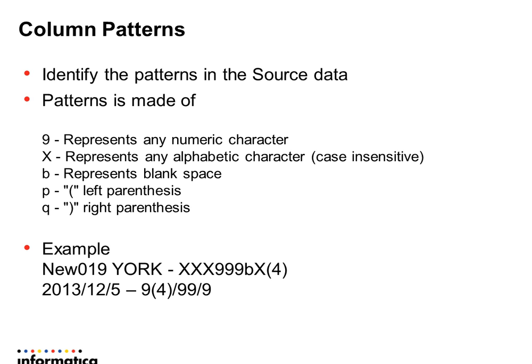When a similar type of character repeats more than 3 times, it is represented by the respective pattern character with the value within the parenthesis. That's the reason you are seeing X followed by 4 within the parenthesis.